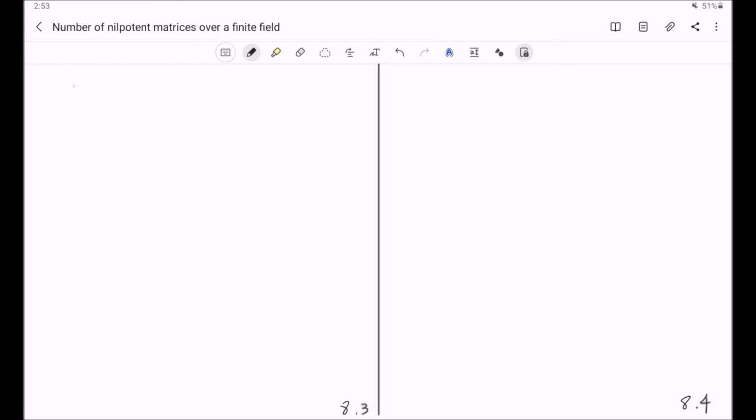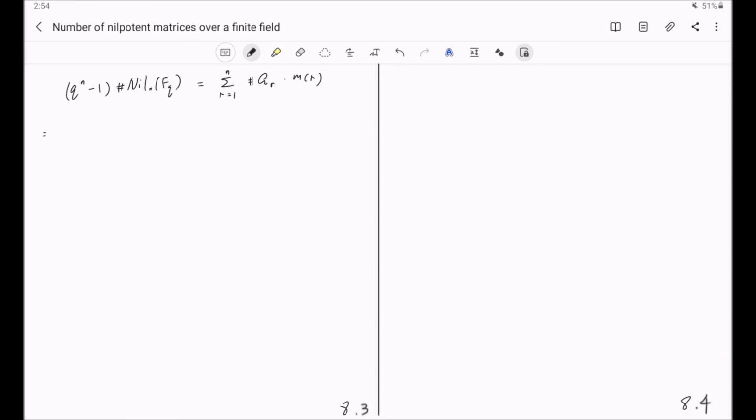If you look at this equation, q raised to the power n minus 1 times the number of nilpotent n by n matrices over F_q, which is the summation from R equal to 1 to n of the cardinality of A sub R times m of R.